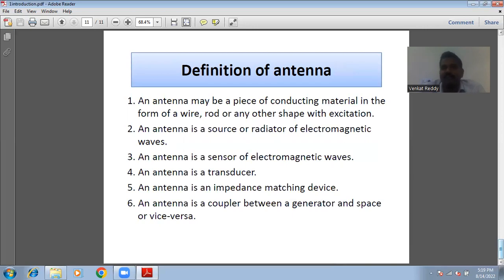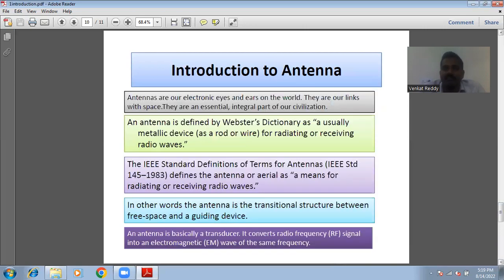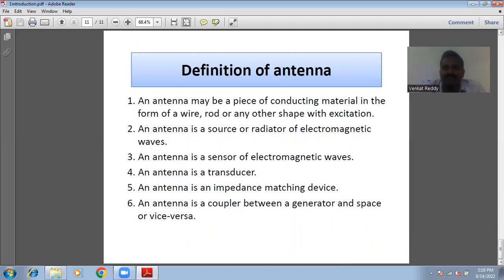So define antenna in the IEEE definition and in the Webster dictionary definition: it is a metallic device for radiating or receiving electromagnetic waves. It is a transitional structure between free space and guiding medium. This is the course outcome of today's class.